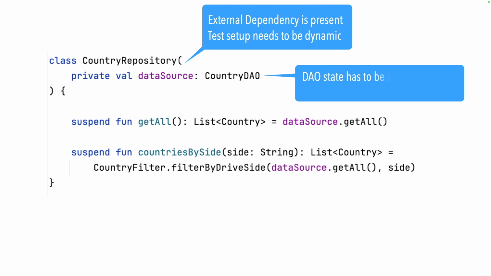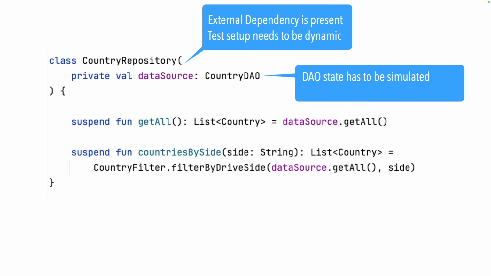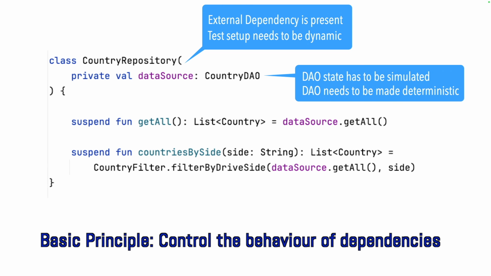The state has to be simulated. Country DAO itself is a separate object. If you want to test country repository, you cannot be dependent on the dynamic behavior of the country DAO. You have to make sure that it is deterministic. So the country DAO needs to be made deterministic. It cannot be allowed to behave in an uncontrolled manner if at all you want to properly test the country repository.